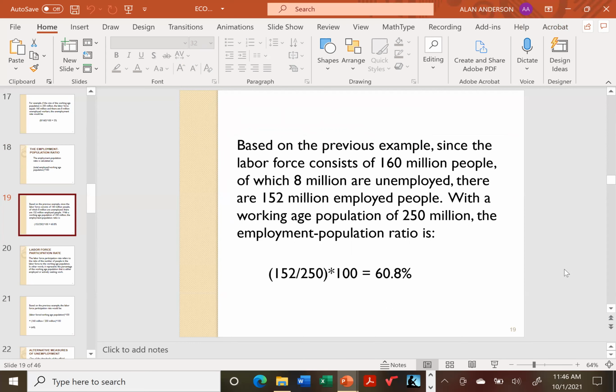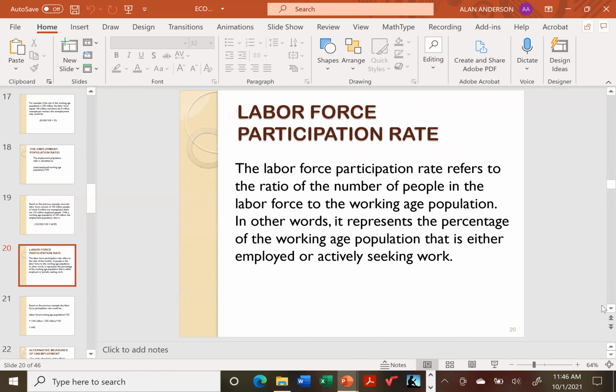I don't think this one is quite as useful, but you also see this one thrown around a lot, the labor force participation rate. This one can be very controversial because when the economy is unusually bad and a lot of people give up looking for work, the labor force participation rate actually shrinks, and then the unemployment rate can actually go down even if the economy isn't doing well.